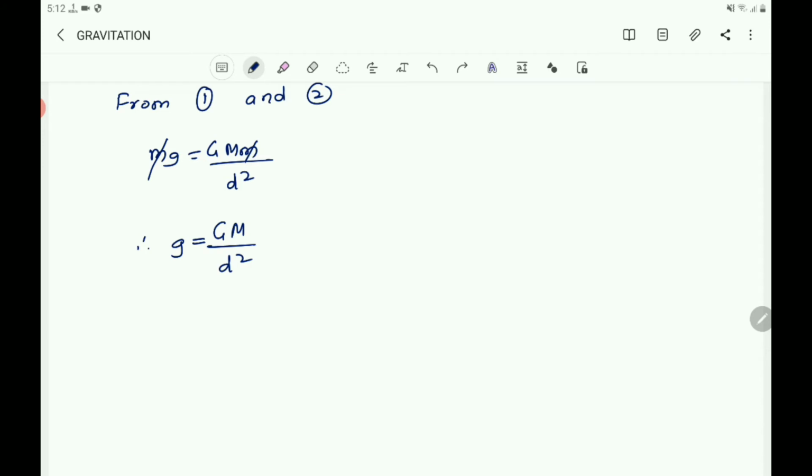Let an object be on or near the surface of the earth. The distance will be equal to R, the radius of the earth. Thus, for objects on or near the surface of the earth, g equals G M by R square.